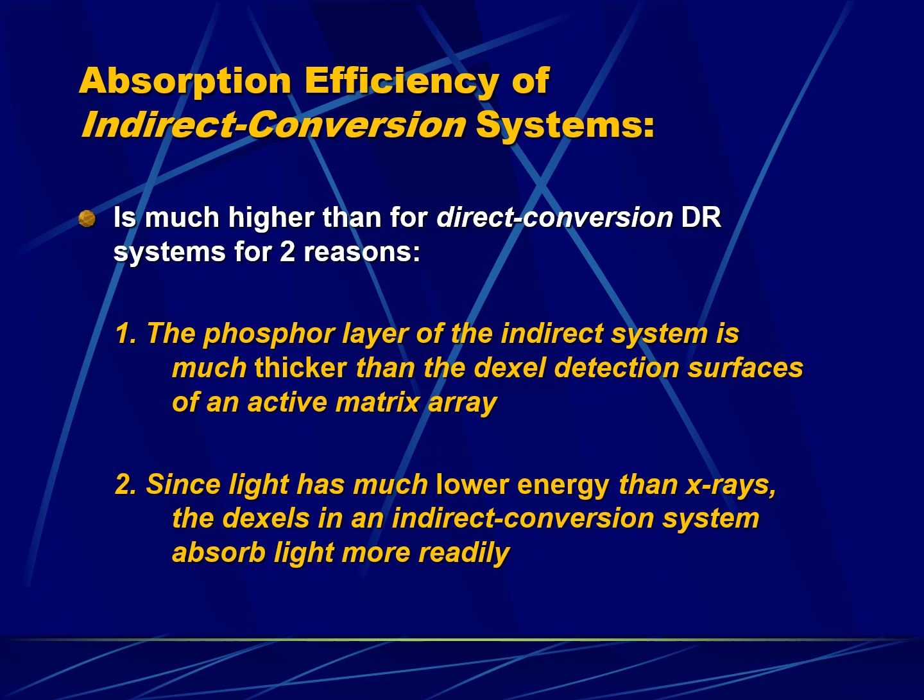So, indirect systems. The phosphor layer is thicker than the amorphous selenium layer, which, remember, those are comparable because both of those are trying to absorb the remnant X-rays. We can afford to get away with a thicker phosphor layer with the indirect system, okay, than a direct system. We can't build the amorphous selenium too thick because the electrons will reabsorb and neutralize.